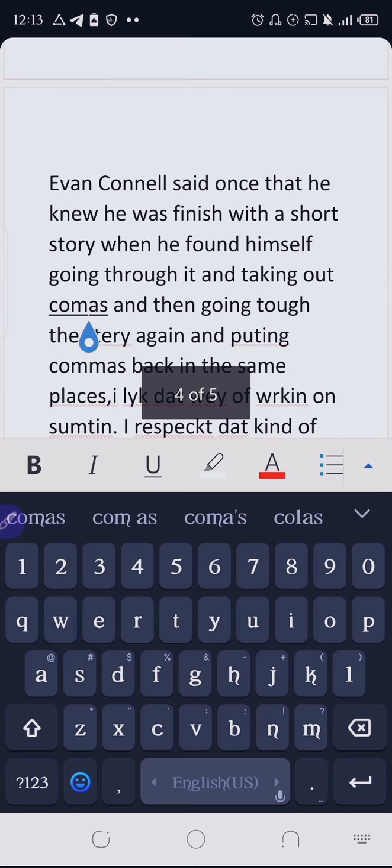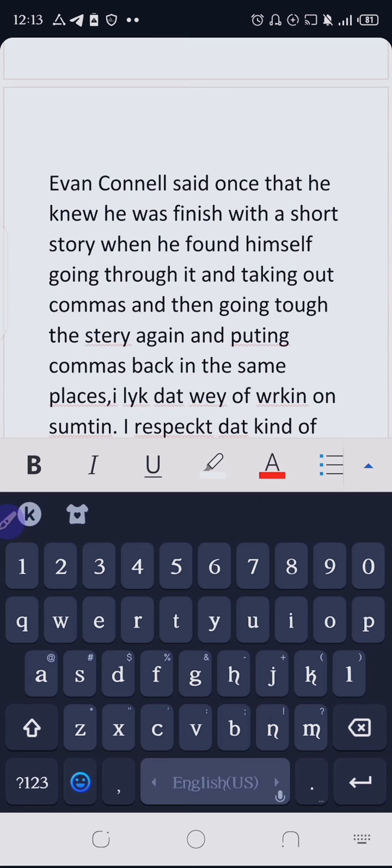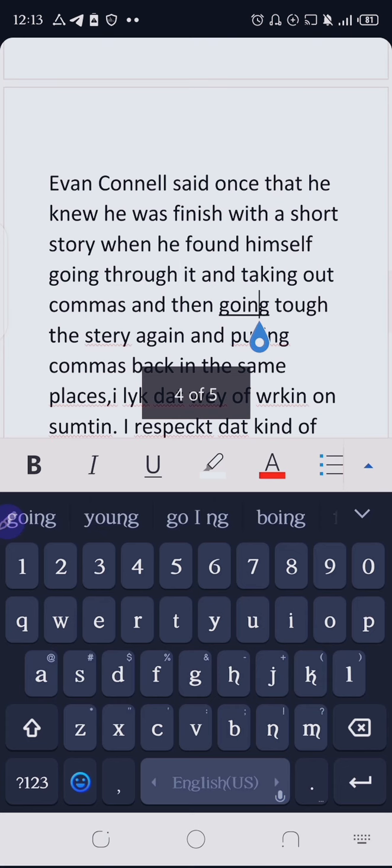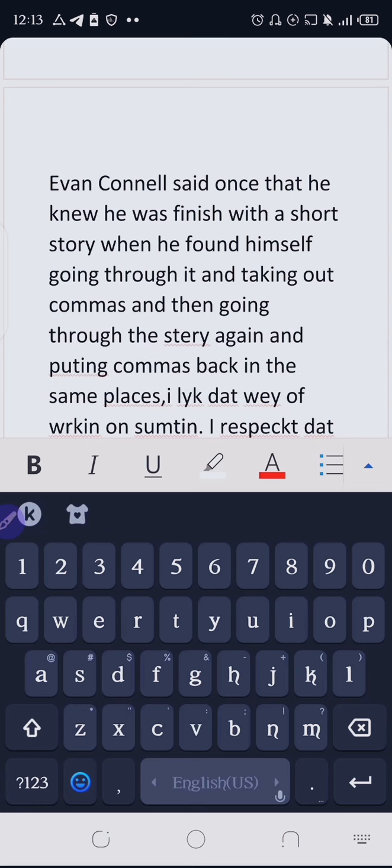commas. Comma here is wrongly spelled, so it's to be double M, commas, and then going through the story.